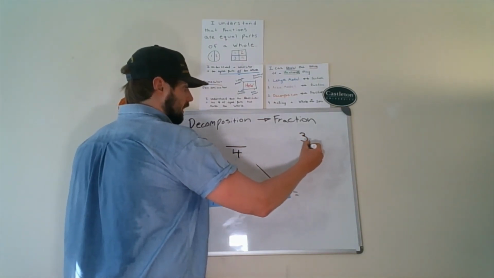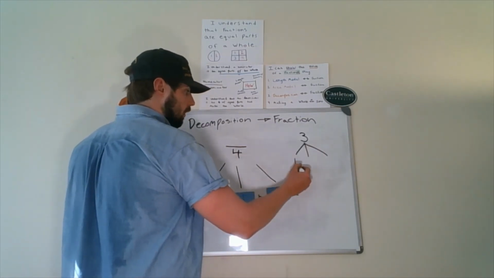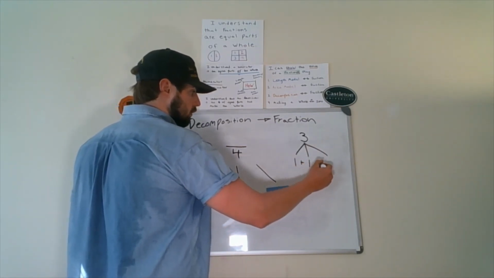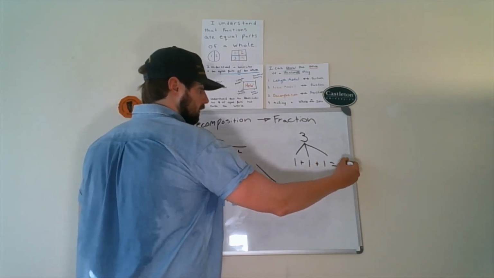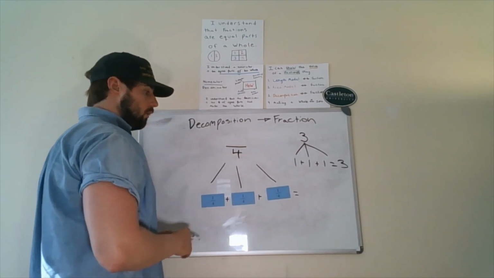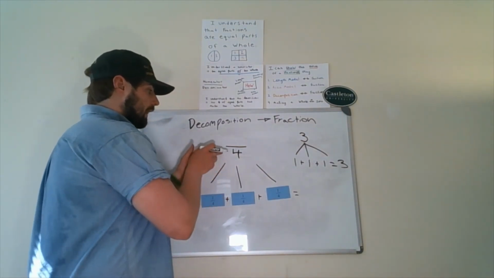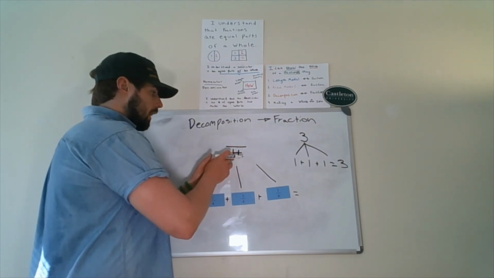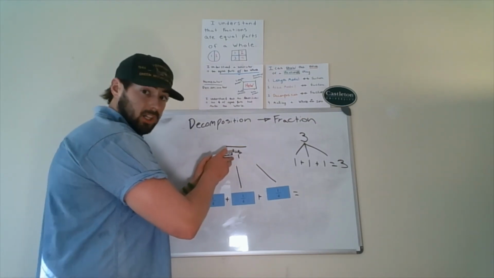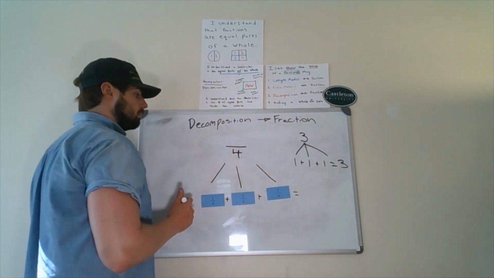So, just like I was going to decompose 3, I know it is 1, 2, 3 ones. 3 ones equal 3. So, when I'm talking about fractions, it's the same thing, even though we're talking with parts. And parts that make that whole. 4 parts make that whole.